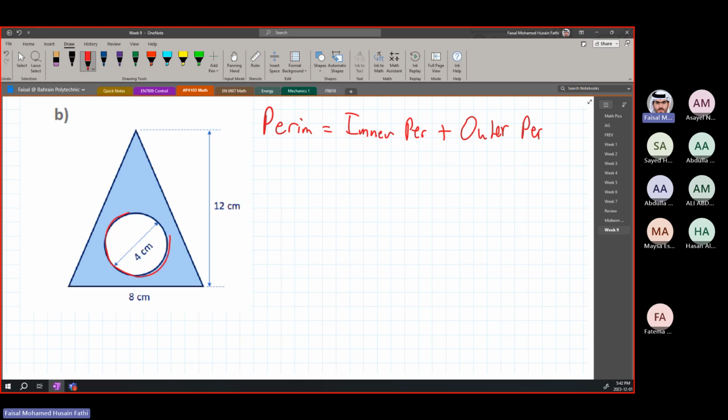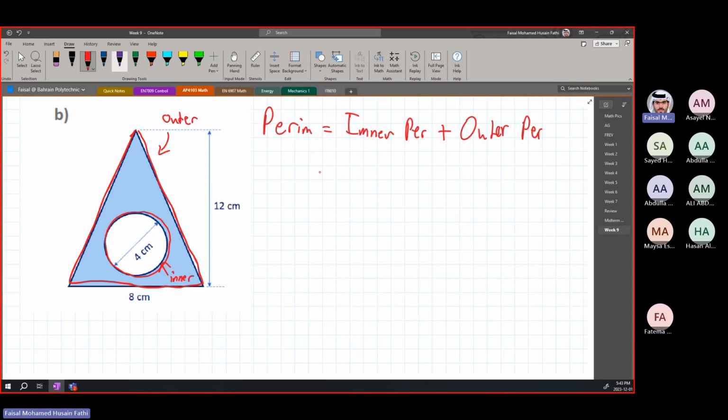This is your inner perimeter. This is your outer perimeter. So the perimeter is the total. You have to add the outer and the inner perimeters. So here technically you can find the inner perimeter.